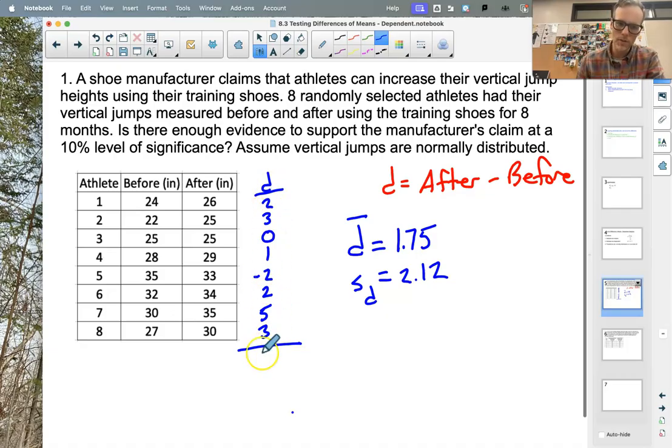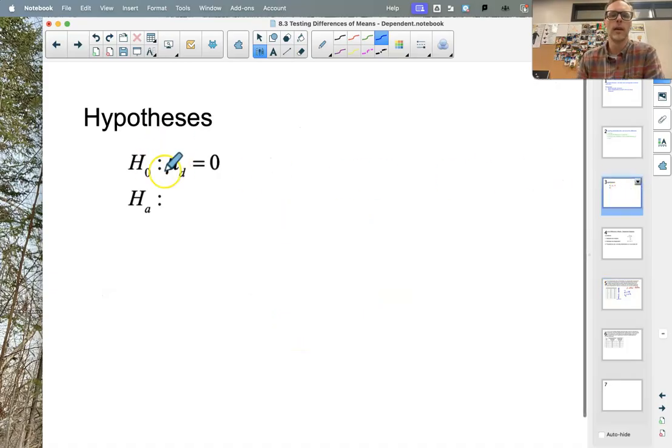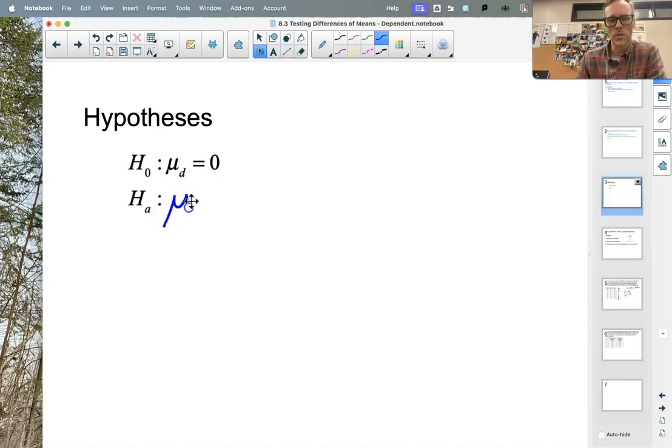It's the average of those differences, but we don't know what the population mean is. That's why we're checking to see, is there enough evidence to support the claim that this increases their vertical jump. We are making a claim about the population mean of all the differences. So that's why I write my null as being the population mean of the differences. Mu sub D equals 0. And if that's my null, of course, my alternative would be mu sub D does not equal 0, and this would be a two-tailed test.